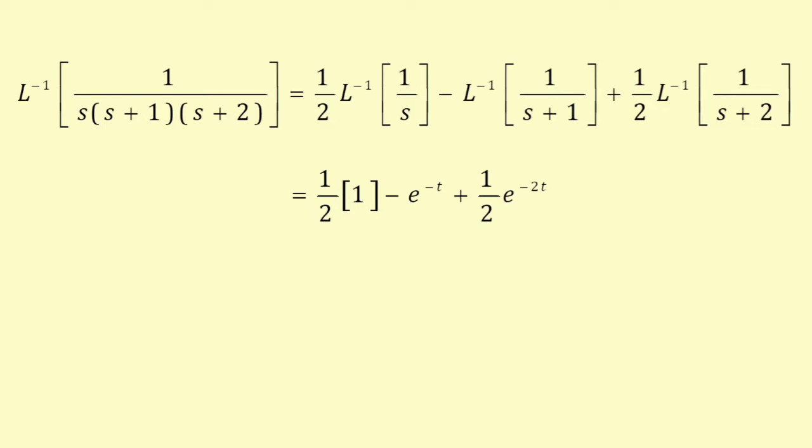And the last function is L inverse of 1/(s+2), that is 1/2 into e power minus 2t. So taking 1/2 commonly outside, we get 1/2 [1 + e power minus 2t - 2 e power minus t].